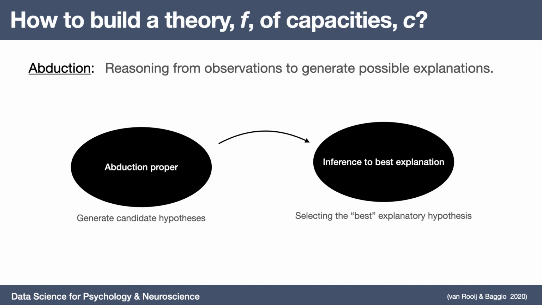And then you use this inference to best explanation, which happens from looking at data and observations, to refine, again, the set of possible hypotheses that you generate. It's this constant dynamic between generating hypotheses from a high-level theory of capacities, using inference to choose a best hypothesis, and using that best hypothesis to go back and generate a new set of more constrained hypotheses.